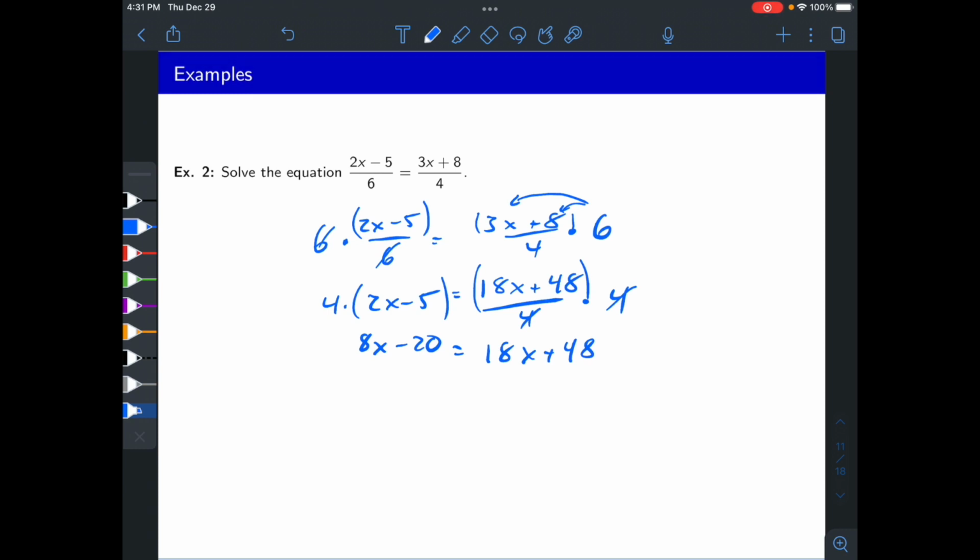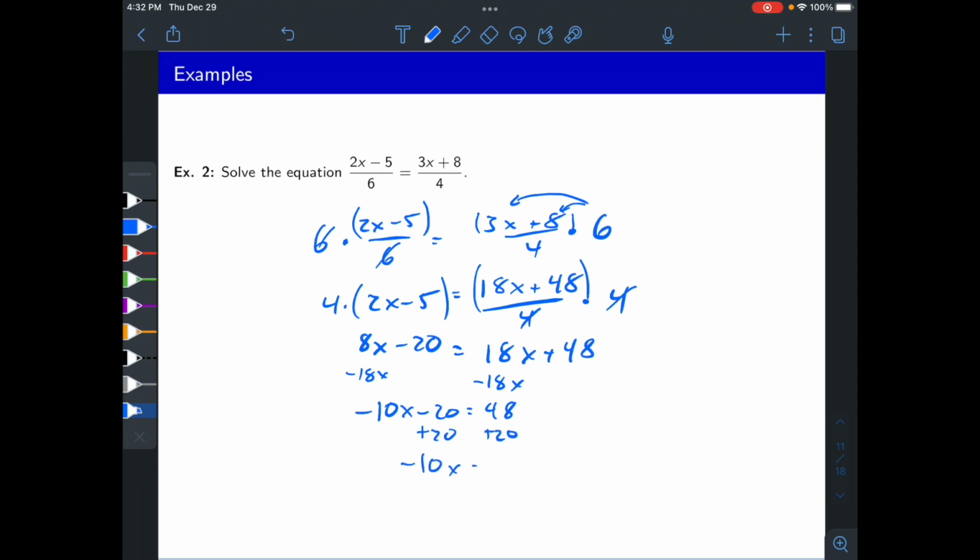Okay, I'm next going to bring all the x terms to the left side, just because that's what I feel like doing. So I'll subtract the 18x from the right, bring it to the left. 8x minus 18x is negative 10x. I'm now going to bring my constant terms to the right side by adding 20 to both sides.